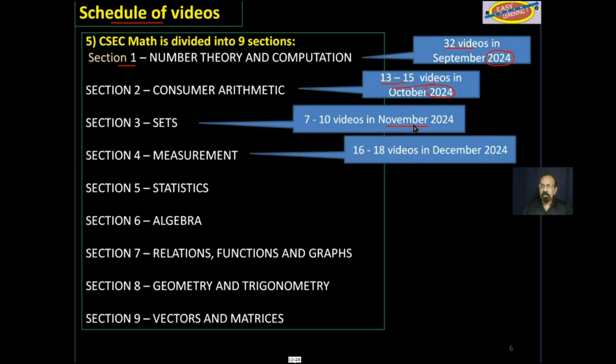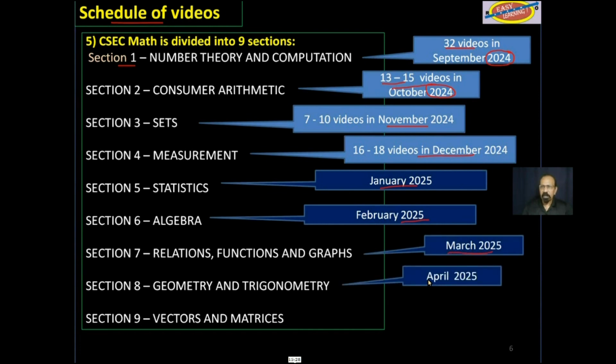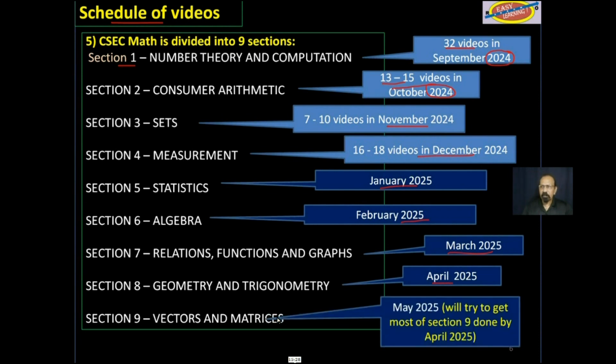Section 3, Section 4. Section 5 next year, January 2025. Section 6, Algebra. Section 7, March 2025. April 2025, Section 8, Trigonometry and Geometry. And Vectors and Matrices by May 2025, but I will try to get most of this section done by April 2025 for those who want to write the exam in 2025.